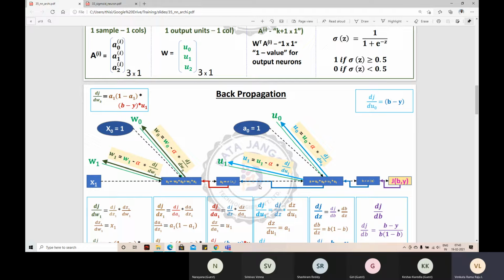If this is understood, the whole neural network is very simple. Actually, deep learning is easy compared to machine learning, because in machine learning you have different algorithms and you need to understand each algorithm separately. But in deep learning, if you understand these concepts, any deep neural network is easy.